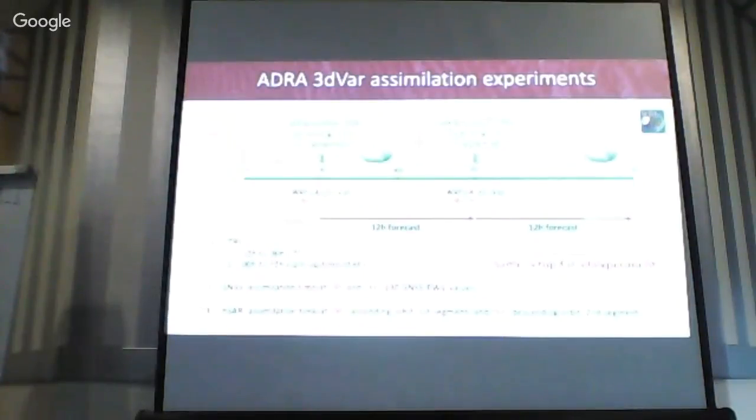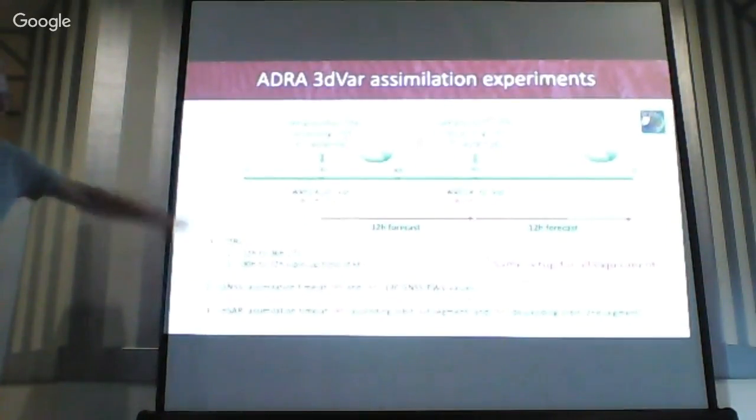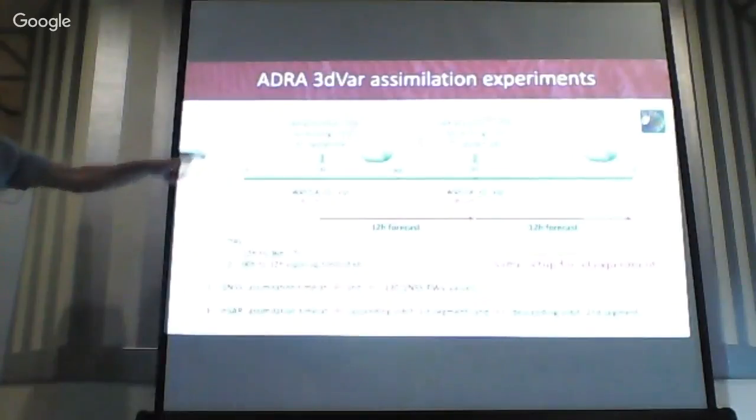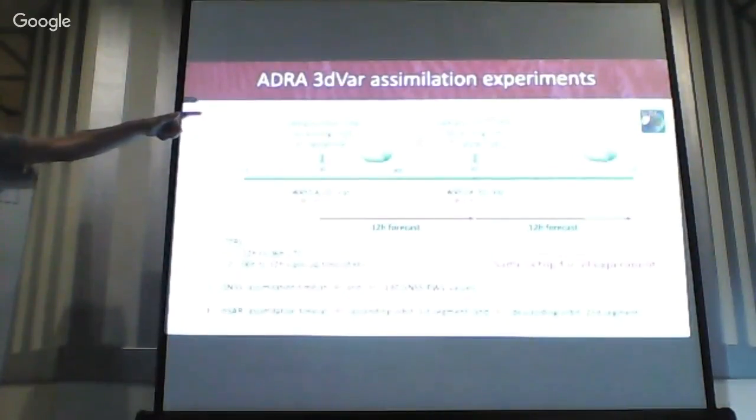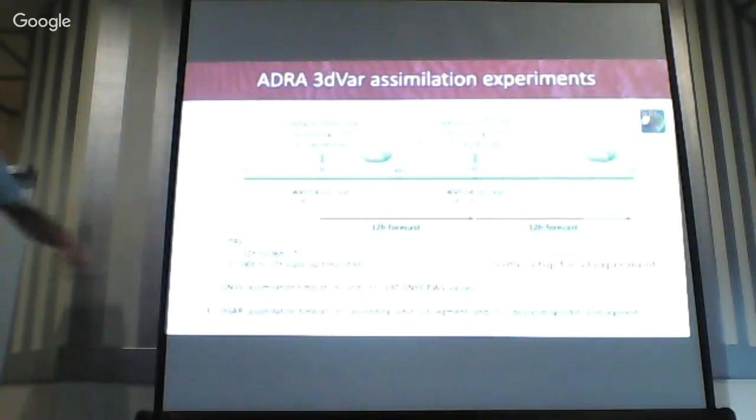Okay. Then we do 3 simulations. I'm going to show you comparisons of 3 simulations. The first one is the control simulation, where we just use the simulation from 12 to 0. That means a simulation with boundary conditions from a global model without any specific extra data.